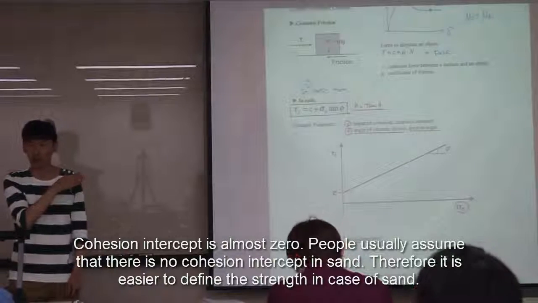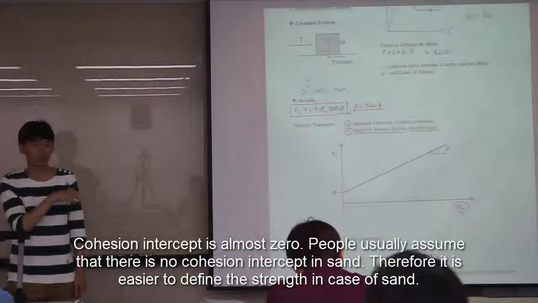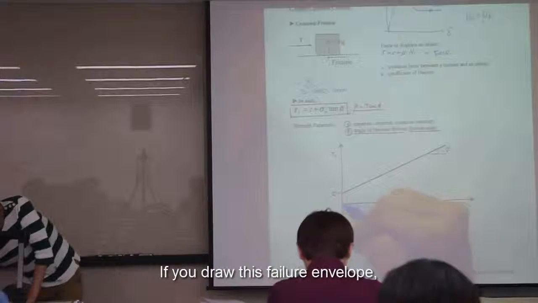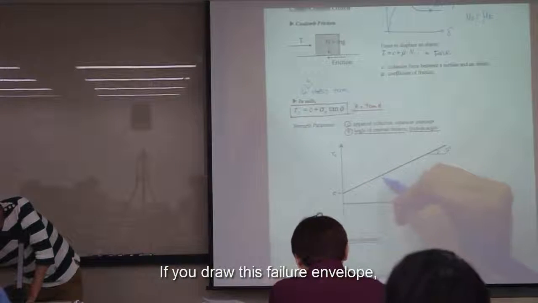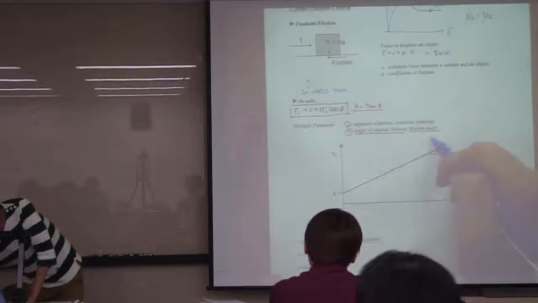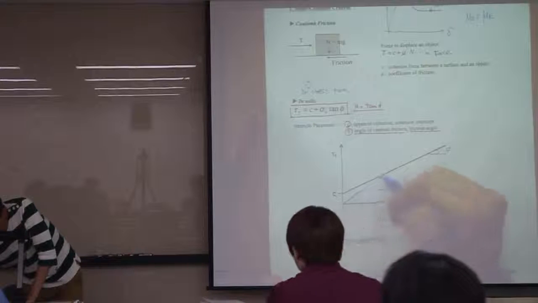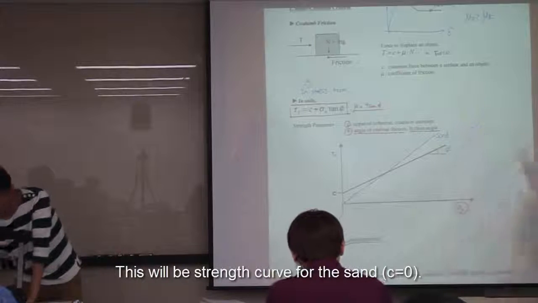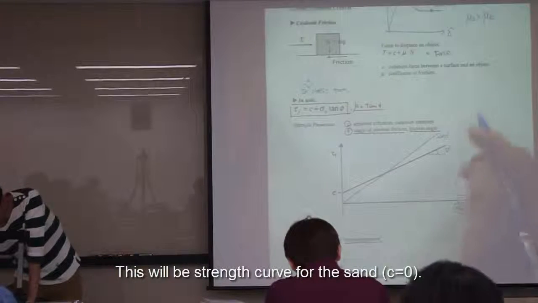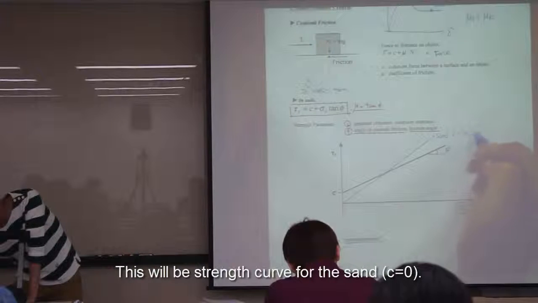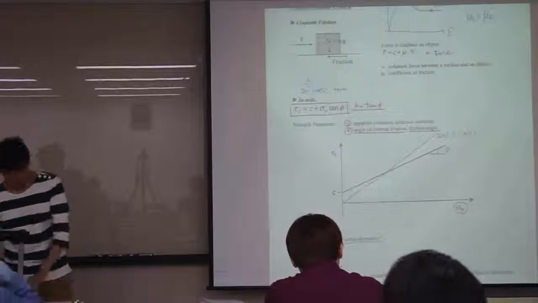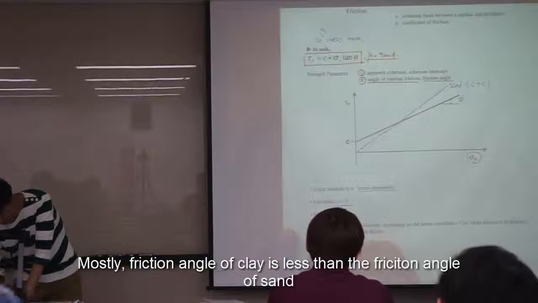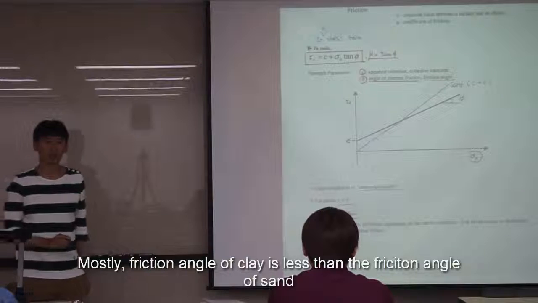And if you show the strength criteria, the strength failure envelope, this will be the strength curve for the sand. And mostly, the friction angle of clay is less than the friction angle of sand.